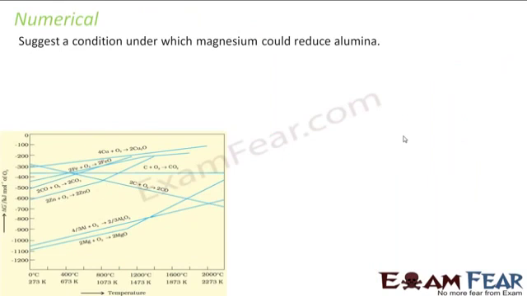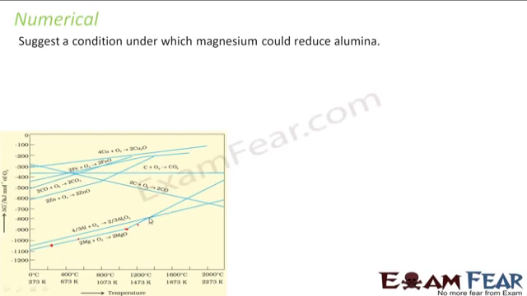So now let's take some numerical. We have to suggest a condition under which magnesium can reduce aluminium. So we have seen that the one on the lower side can reduce the upper one, oxides. That means at this temperature my magnesium should be able to reduce aluminum oxide, even at this temperature, even at this temperature. After this, magnesium will be able to reduce carbon, copper, iron, but it will not be able to reduce aluminum.